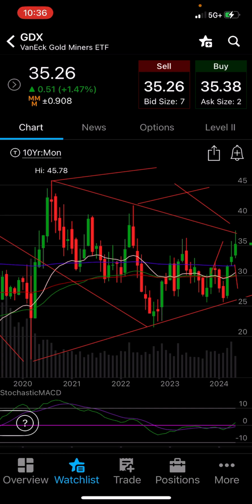I don't like it for the simple fact that we continue to get lower highs. You would want to see the opposite. You'd want to see the highs continue to get higher with each pump. So, like I said, it could middle around in this wedge, Corey, for like a year. This just isn't my cup of tea personally.